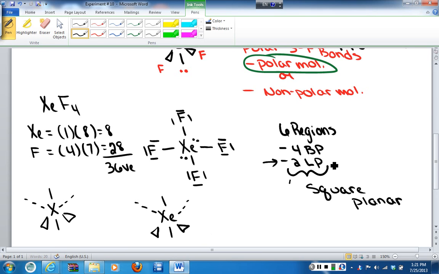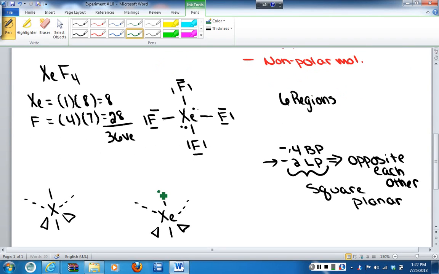Any lone pairs, if you have more than one, have to be opposite each other. The reason for this is decreasing those lone pair interactions. We want them as far away from each other as they can get. So if I put one lone pair here, I have to put my other lone pair exactly opposite it.